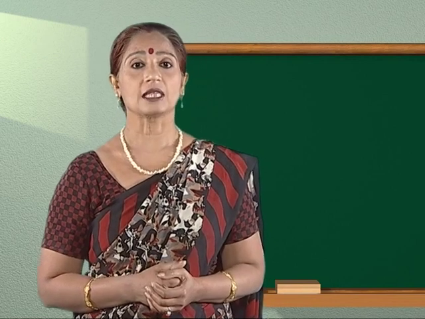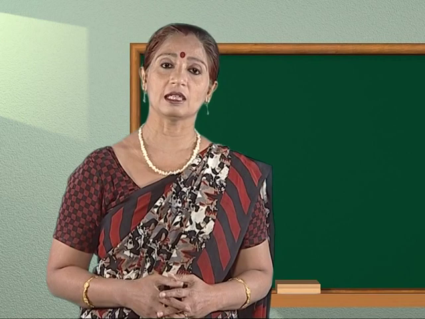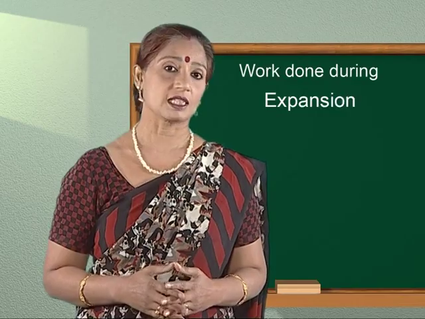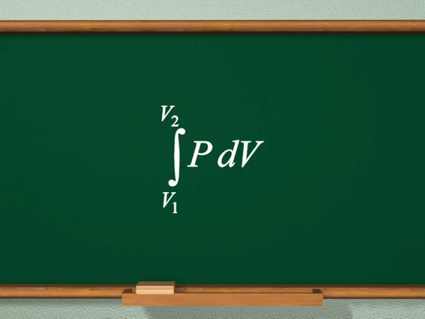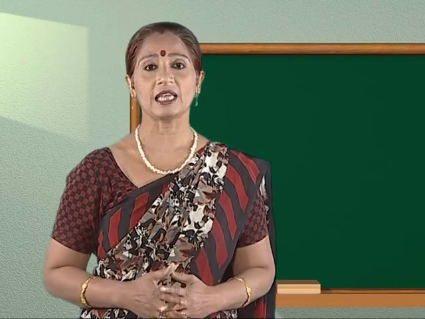Now, suppose that at any instant during the expansion, the pressure and volume of the gas are P and V respectively, then the work done during expansion is given by W = ∫P dV ranging from V1 to V2, provided V1 and V2 are the volumes of the gas during the initial state and the final state respectively. Then, let me also talk of the two specific heats of a gas.